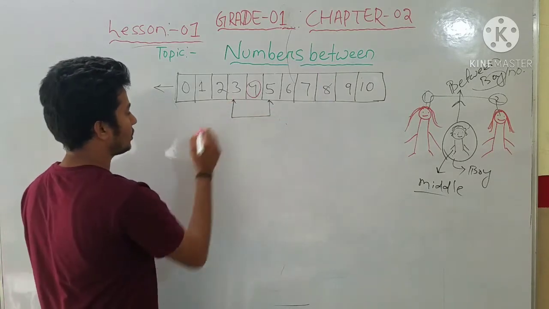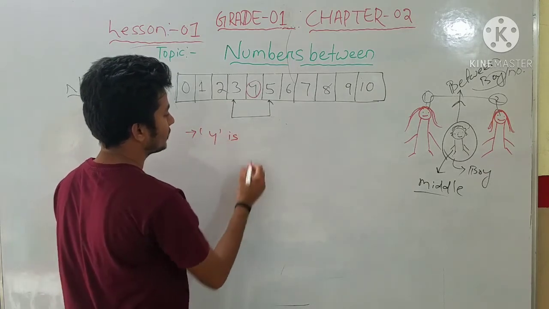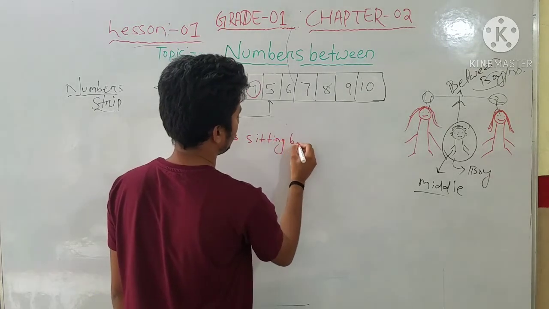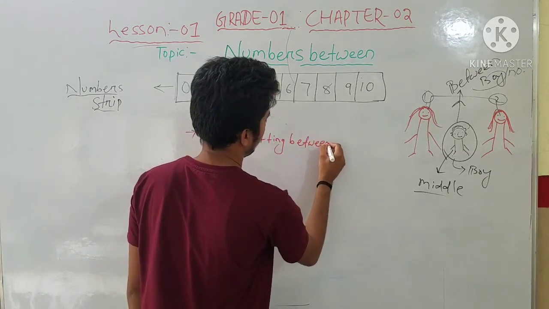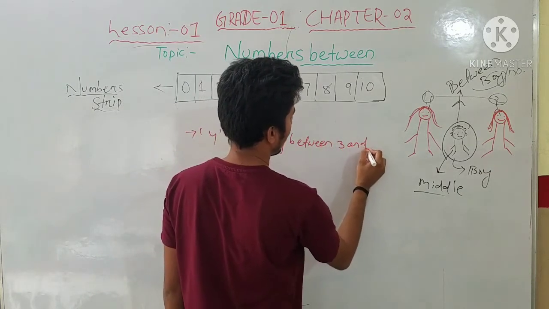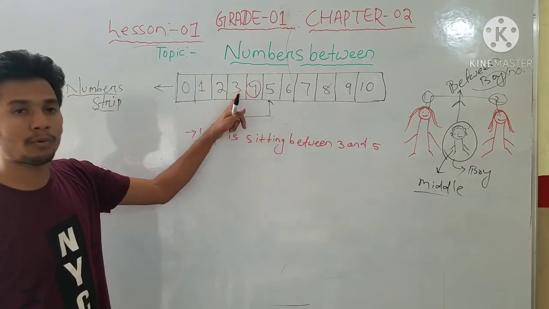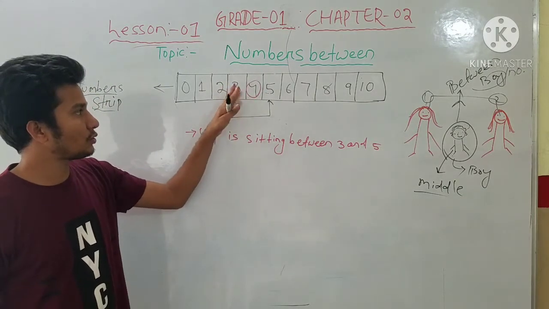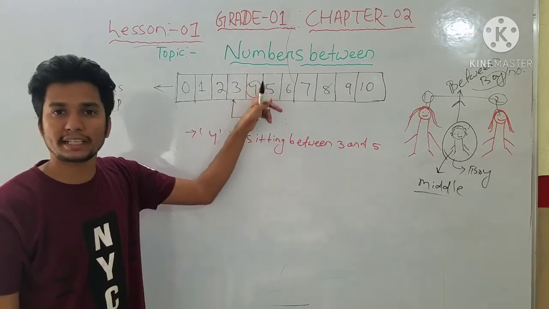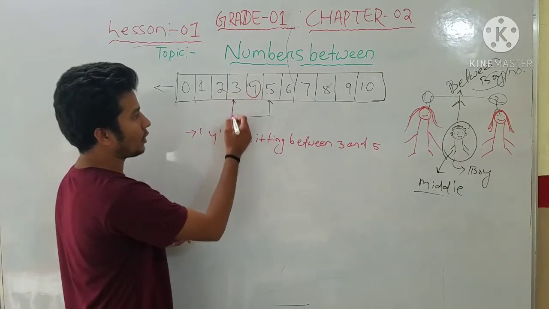So I can write 4 is sitting between 3 and 5. Who is the middle number? 4 is the middle number of 3 and 5, because we are counting forward 3, 4, 5. After crossing 4 we get 5. In between 3 and 5, see, I gave an arrow mark.